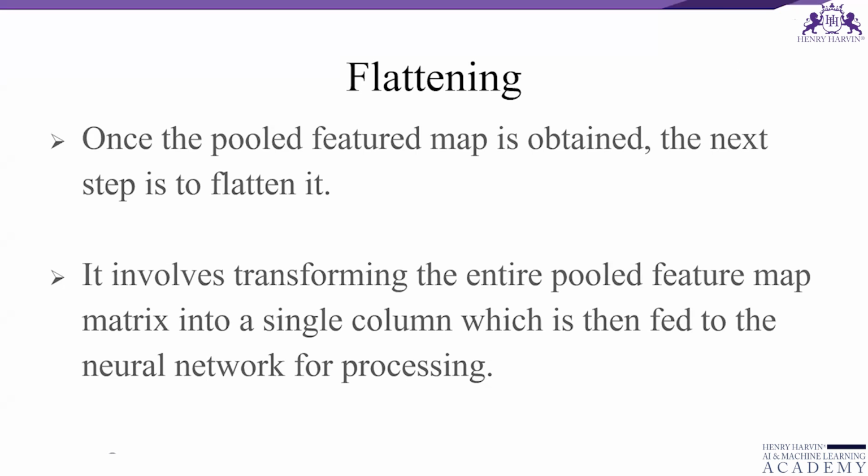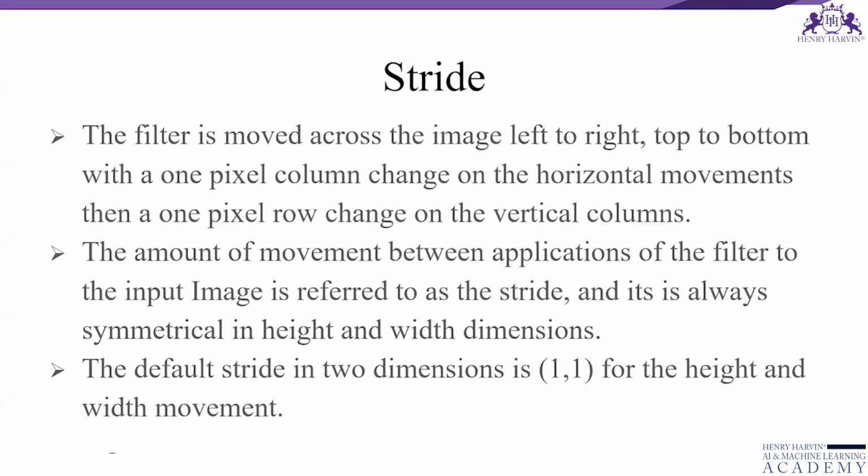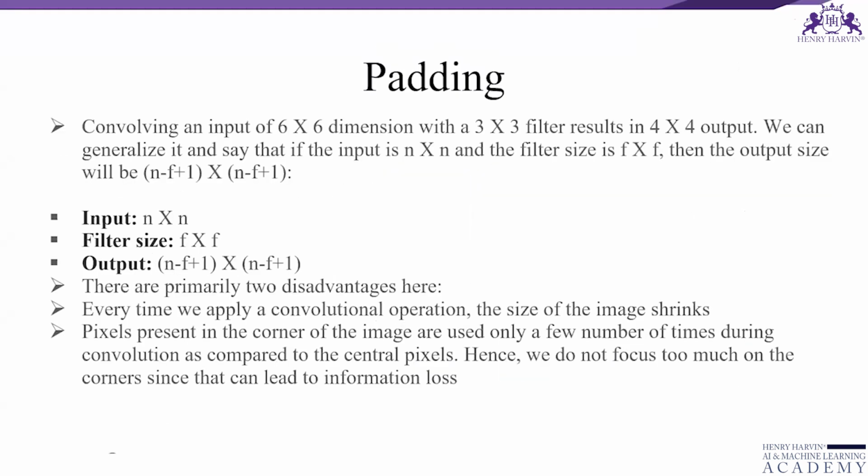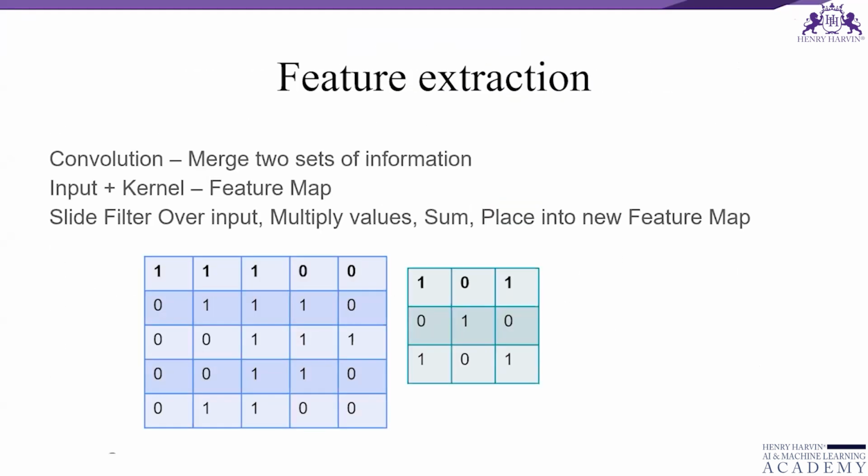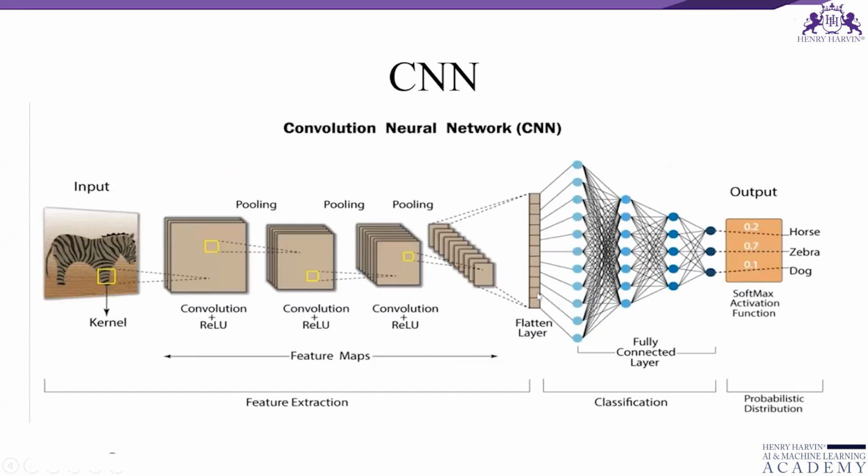So what do we do over here? Let me show the previous picture. We have seen flattening over there, right? You can see over here. So this is what we have seen. It will flatten a 3D volume into a 1D vector.